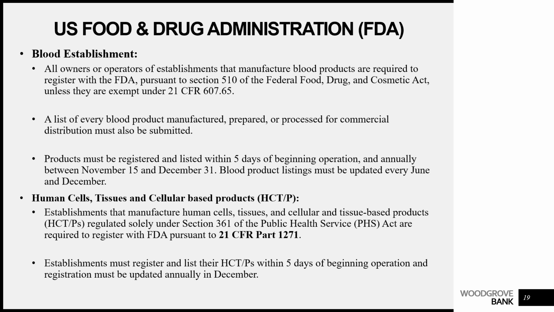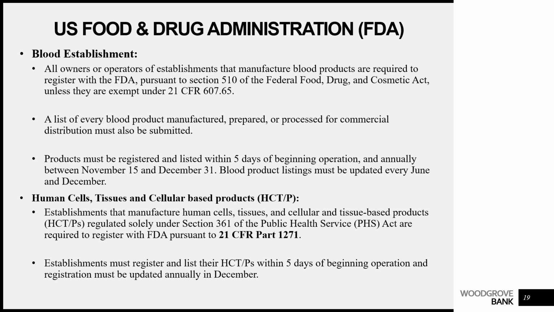Right, in the US, the FDA have their own process for compliance and regulatory information relating to biologics, and particularly relating to biologic establishments and registration. Like in the EU, it is divided into blood establishments and human cells, tissues, and cellular-based products.